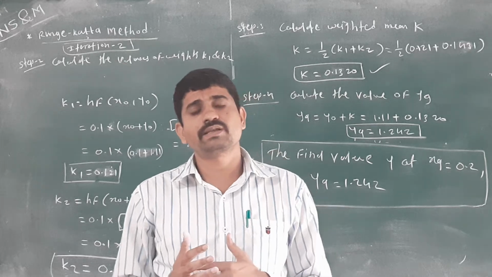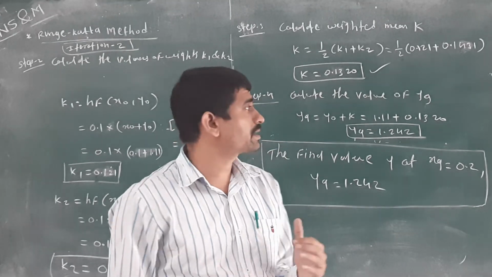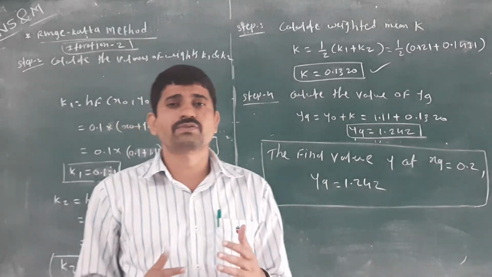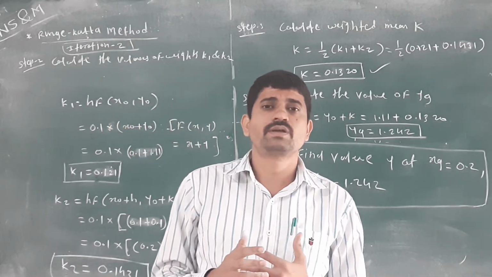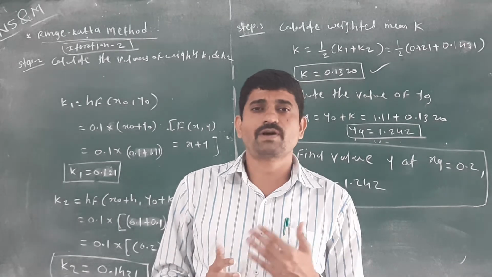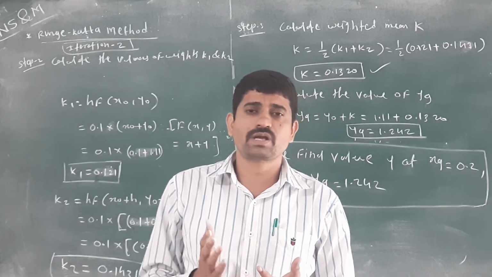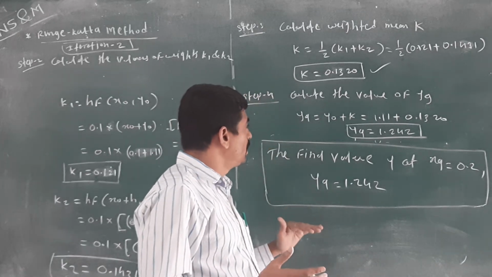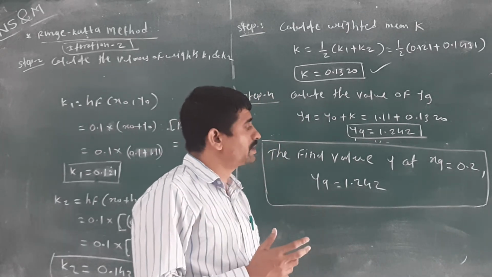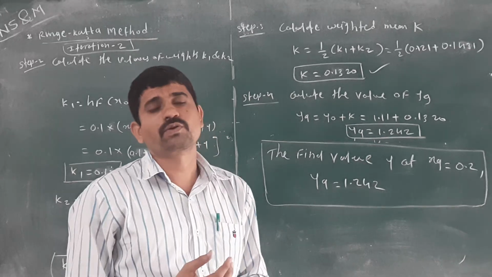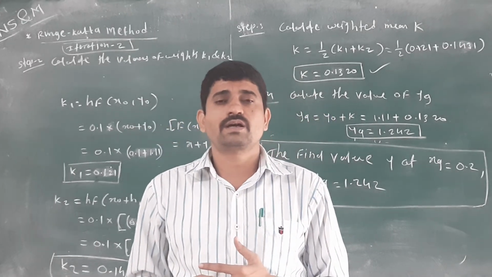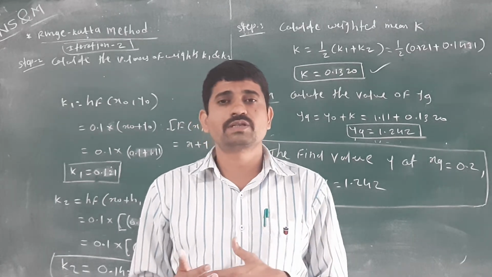Once you have calculated that K, then easily in the next step you can calculate the value of yg. Yg, or y1, is equal to y0 plus k. Y0 is known and also k is known. You have to calculate this for the first iteration. Repeat this procedure from step 2 to step 4 in the second iteration, and the xg value will change.